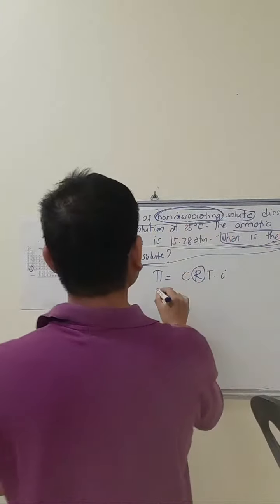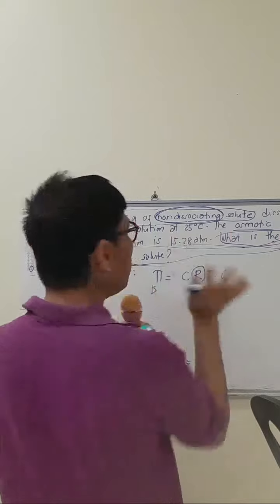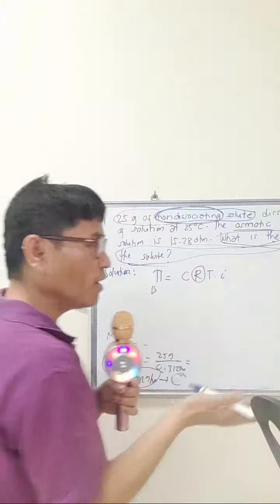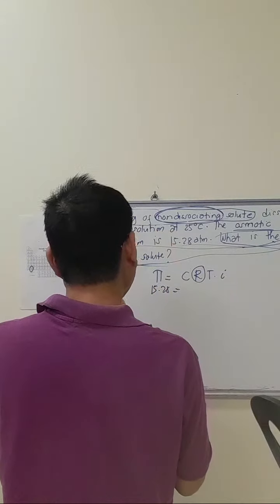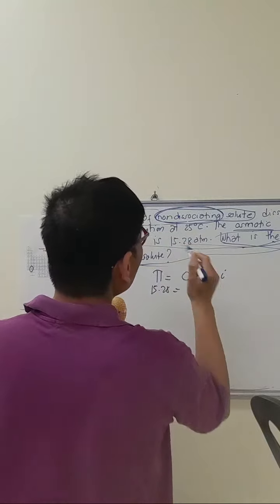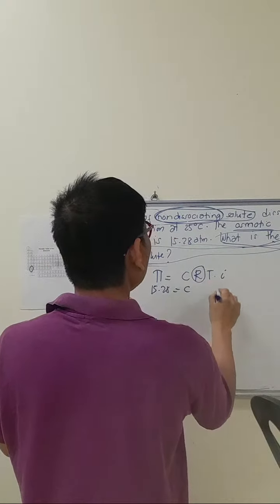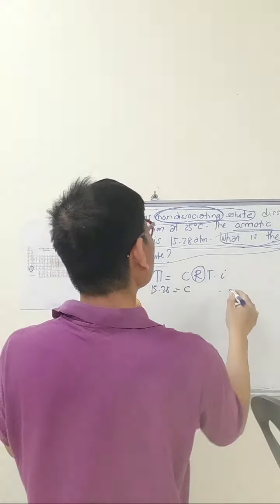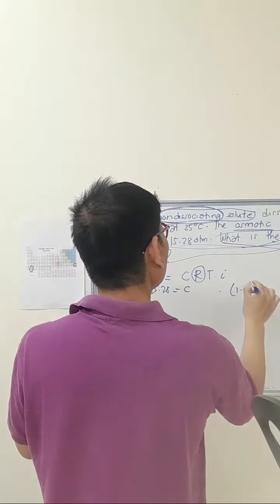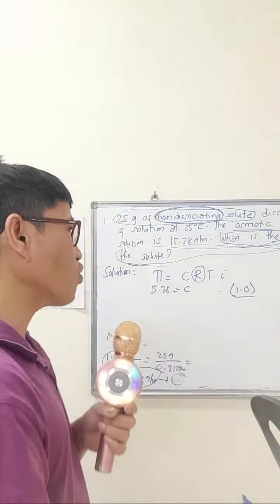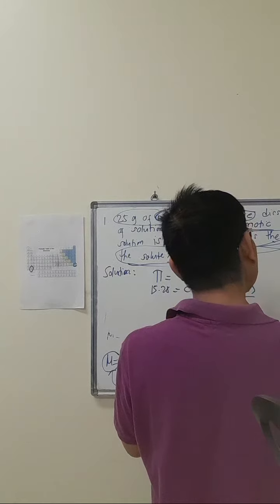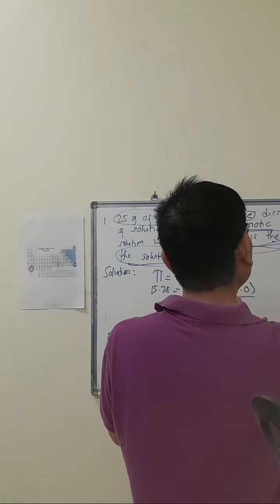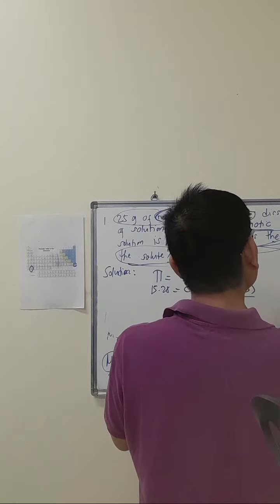Okay, so we have the pi, 15.28. Let's manipulate the formula. Let's say our i is 1. The third assumption will be i is greater than or equal to 1.